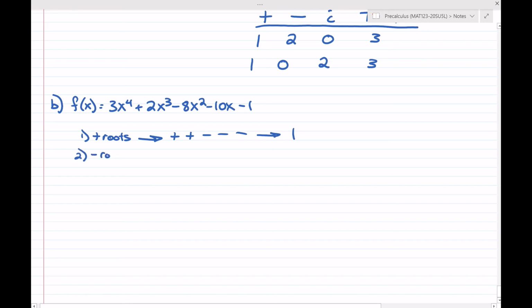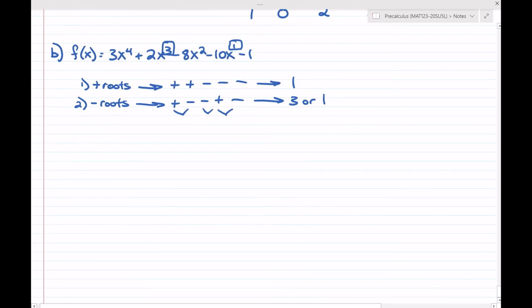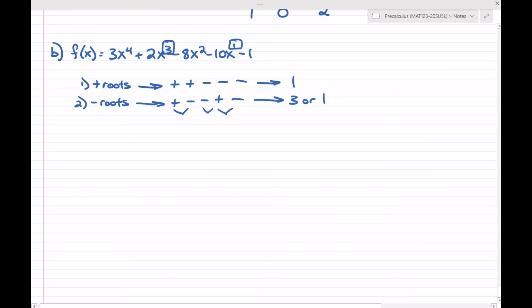The number of negative roots, we're going to change the signs of the odd powers of x. So we're going to have a positive, negative, negative, positive, negative. Looks like we have a change here. 1, 2, 3. Or 1. Remember, we always subtract 2, and so we can't do it anymore. You can't subtract 2 from 1, you'd get a negative number.